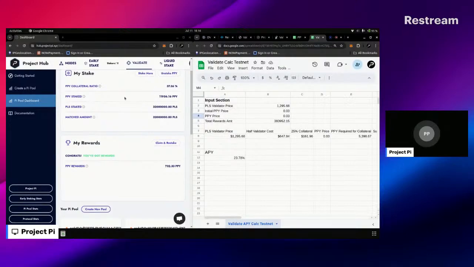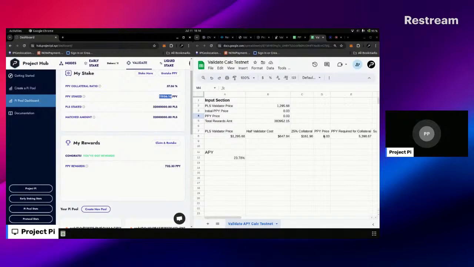And so for this example here, the PPY staked is 11,956.16. And mind you, I actually messed around with this just a little bit before coming on here. So some of the PPY actually did get slashed, but the amount of rewards that the person earned for this cycle was 732.33 PPY.